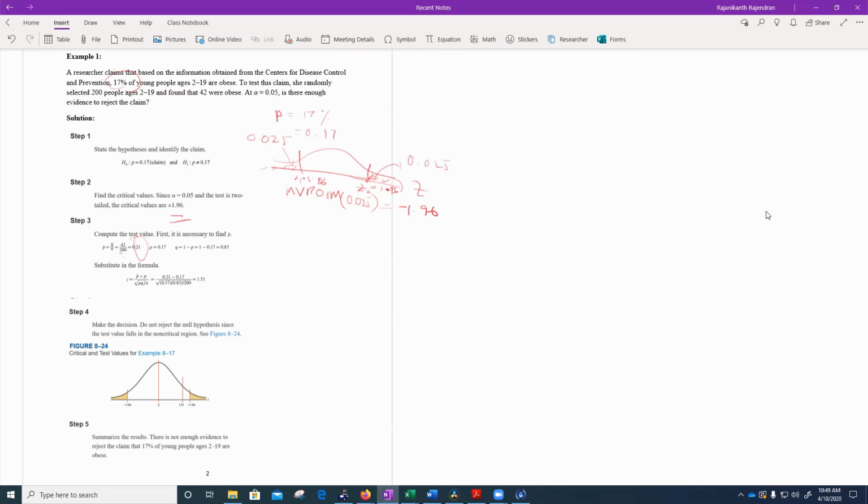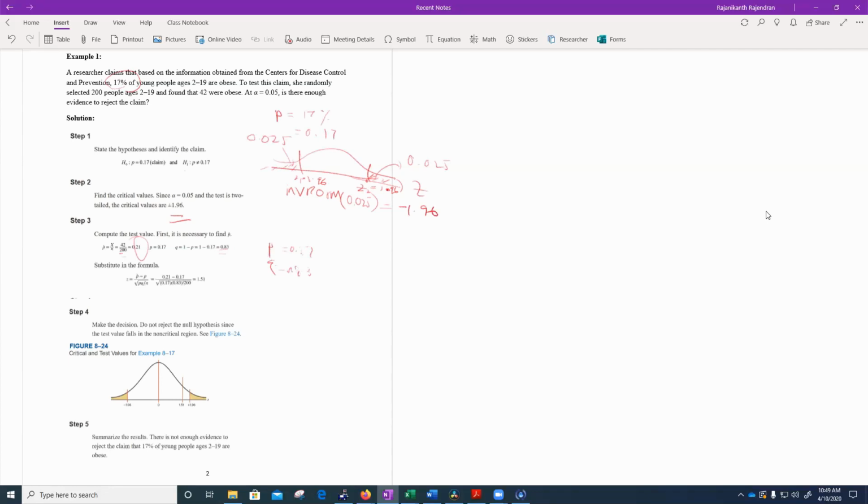And you know the little p from my hypothesis, 0.17, and your little q is going to be 1 minus p, that is 1 minus 0.17, which is 0.83. Therefore p is 0.17 and little q is 0.83.